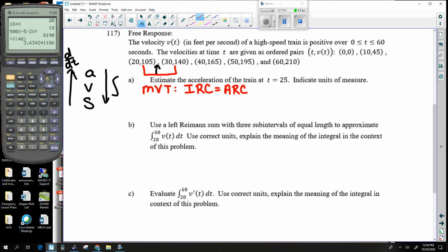And so, yeah, because the acceleration is the derivative of velocity. So that is AKA the instantaneous rate of change, AKA the acceleration. Okay, and so the average rate of change in that realm is 140 minus 105 over 30 minus 20.